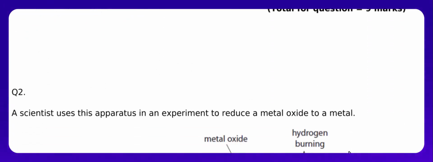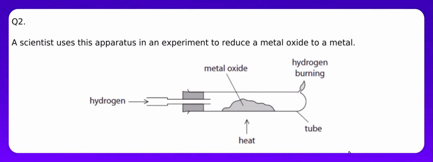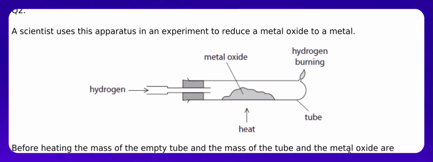So moving to the second question for today. This question, of course, involves a scientist who uses these apparatus in an experiment to reduce a metal oxide to a metal. Most of the times we use this process when we want to come up with the empirical formula of a certain metal oxide.